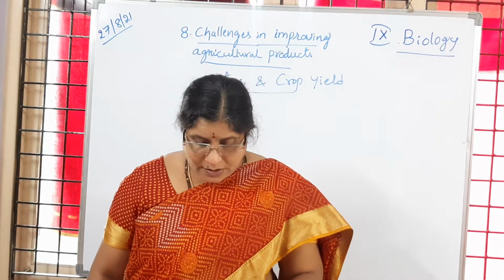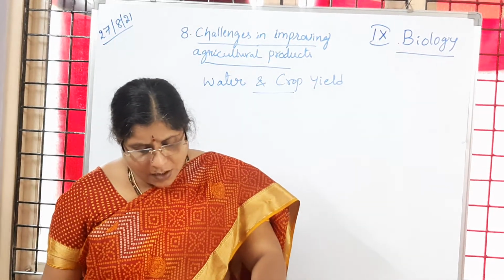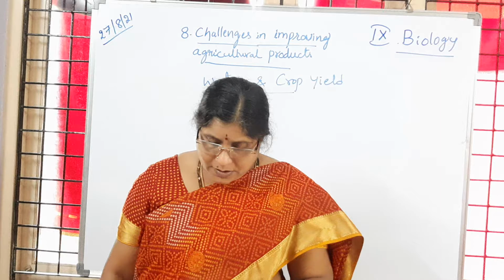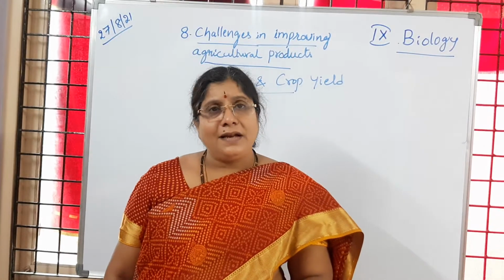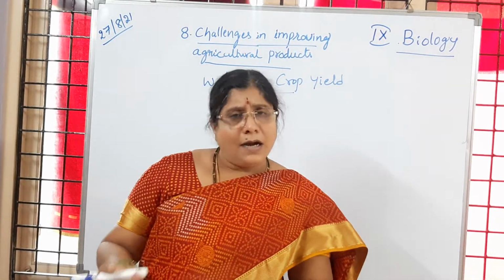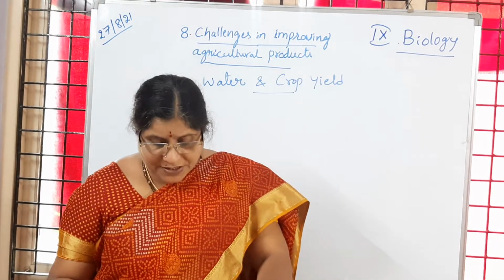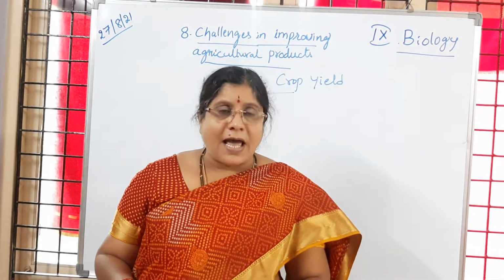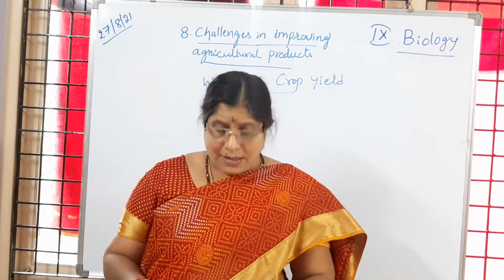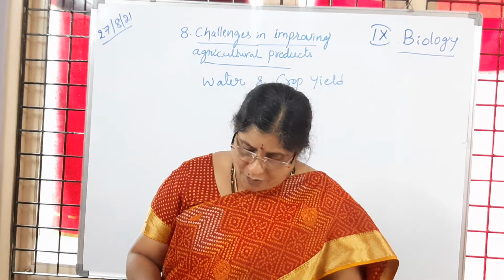No. Then how does the availability of more water affect the plant? If more water is available, we get more yield of the crop, and apart from that, more availability of water means more evaporation is also going to happen. Is it not, children? Through stomata the water is getting evaporated.